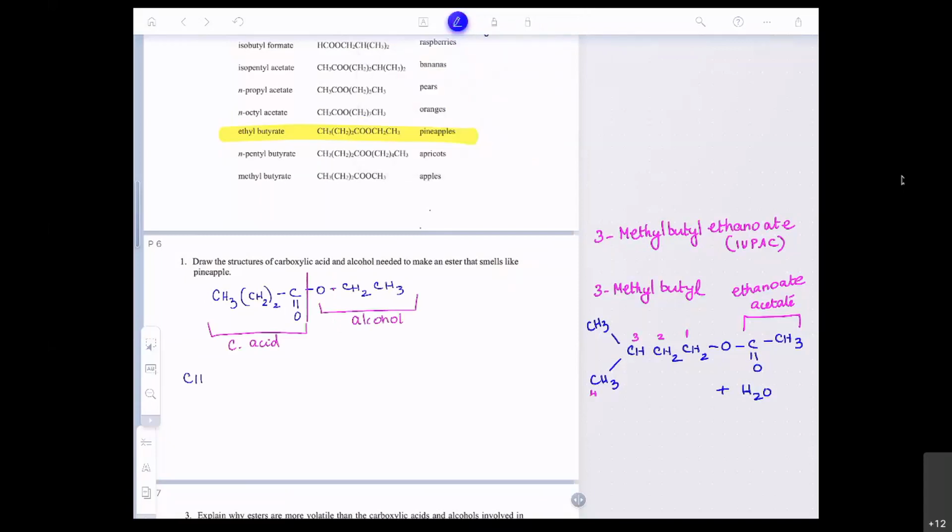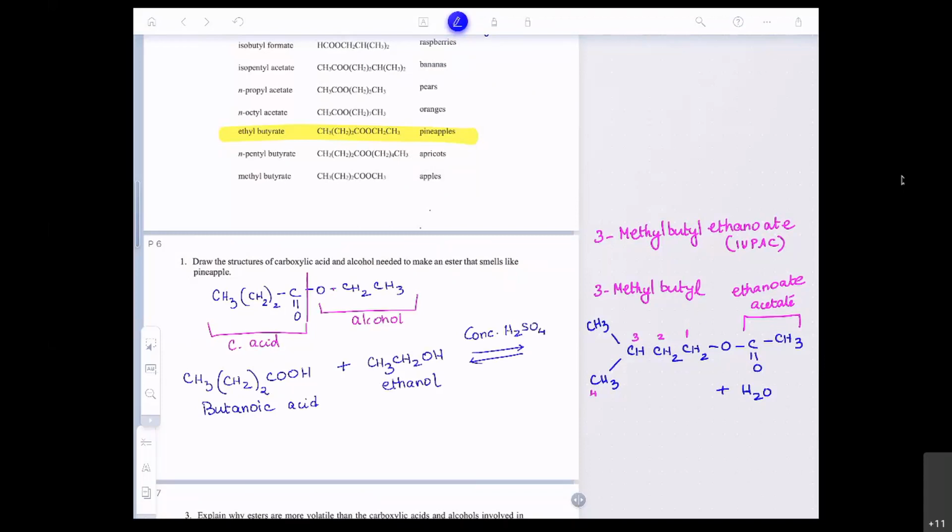So then we can set up the equation. This will be your carboxylic acid. That's a total of 4 carbons. So this is your butanoic acid. And then we have ethanol. That's just 2 carbons. And we should not forget that it is going to take place only in the presence of sulfuric acid.